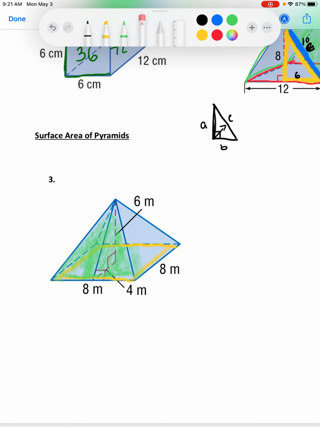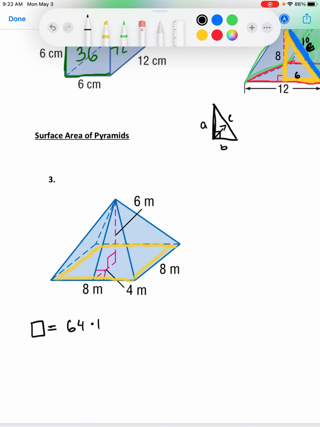So what I want to do first in this case is calculate the area of our base just to get that out of the way. So we have a square base, and of course the area for a square is base times height. So we're going to do 8 times 8, which would leave us with 64 meters squared.